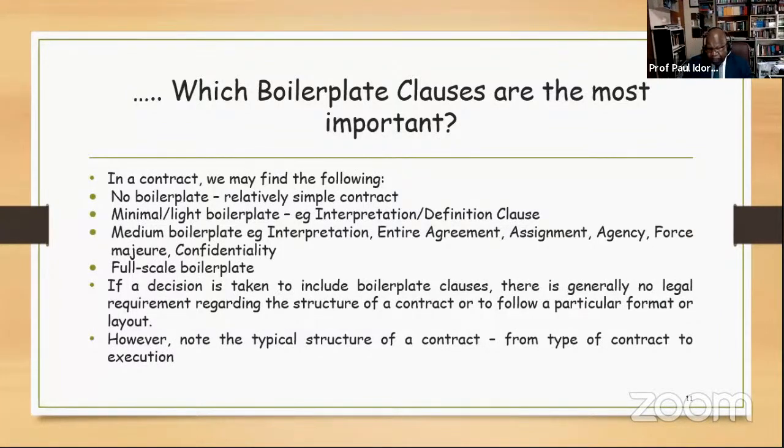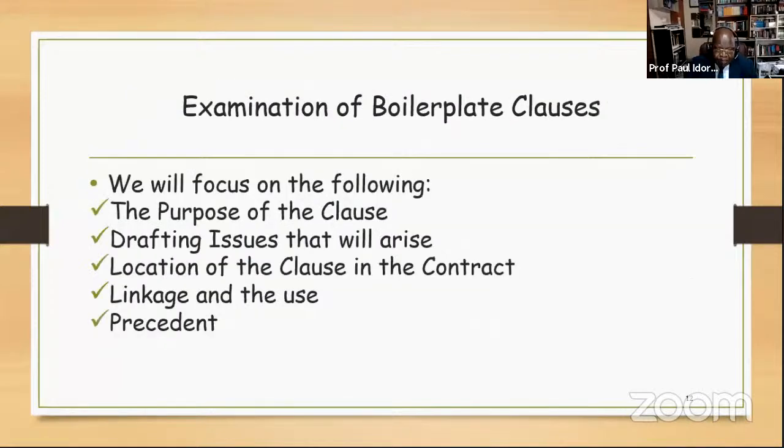For instance, if you look at the typical structure of a contract, you'll find type of contract, commencement, parties, recitals, definitions, the commercial obligations. Then you have all these boilerplate clauses. There's no particular order, but like I said, you find them in almost every contract.